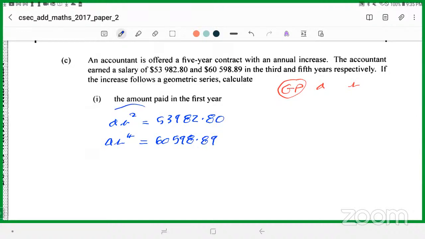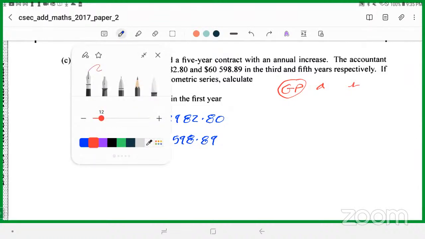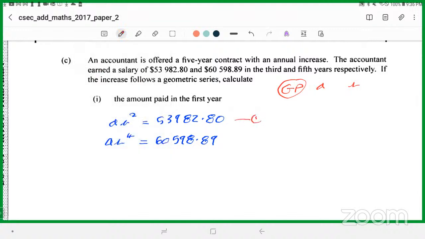So these are two simultaneous equations again, obtained from GP equations, and so you solve them by dividing. So this is equation 1, that's equation 2. I'm going to do the 2 divided by 1, to get my common ratio, because I'm going to cancel the R when I divide.